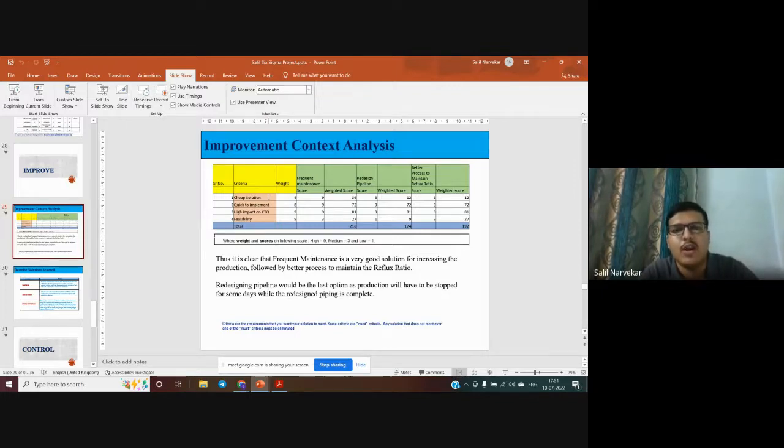For quick to implement, however much time the improvement activity takes, for that much time you'll have to stop your process, so we put a high weight of 8 there. For high impact on CTQ, obviously the weight would be very high, because that's the project, to take care of the production rate. And feasibility was also given a very high weight, because if a process is not feasible, it can't be considered here.